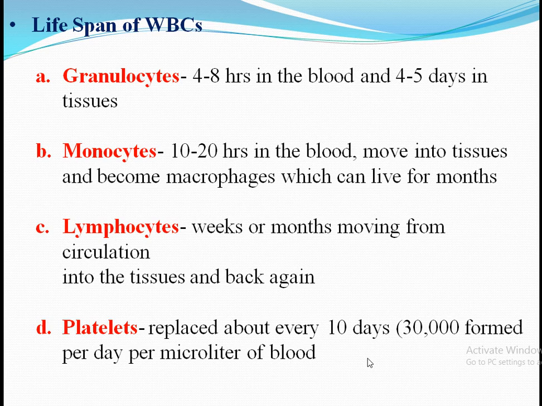At this stage, you may be confused between the terminology, what is monocyte and what is macrophage. What are the differences? But don't worry, in the following lectures I will tell you the details of all these.